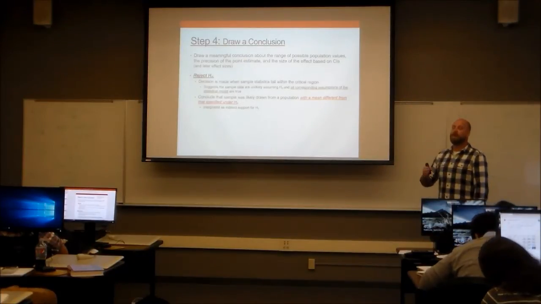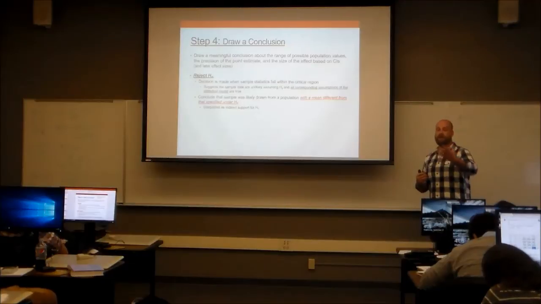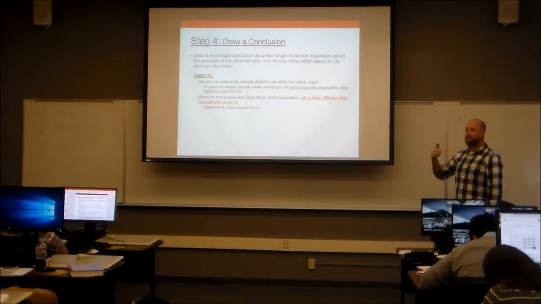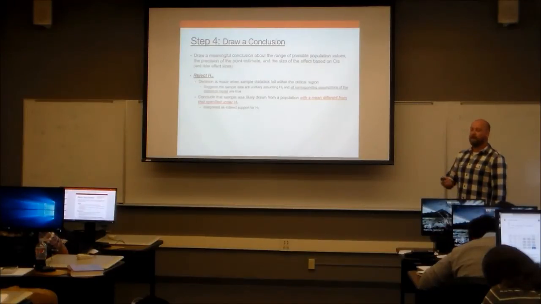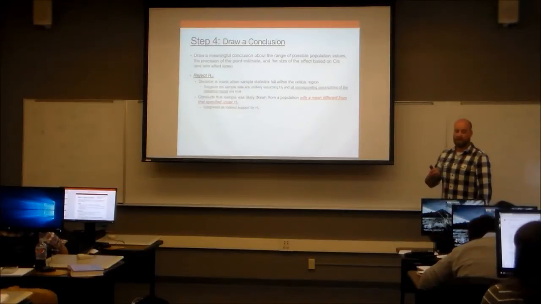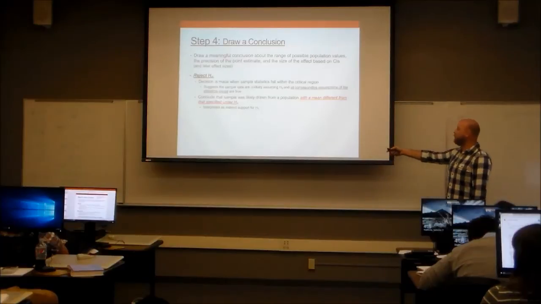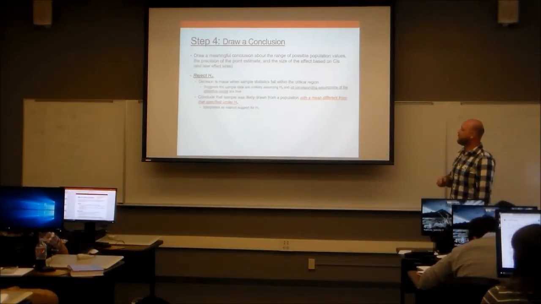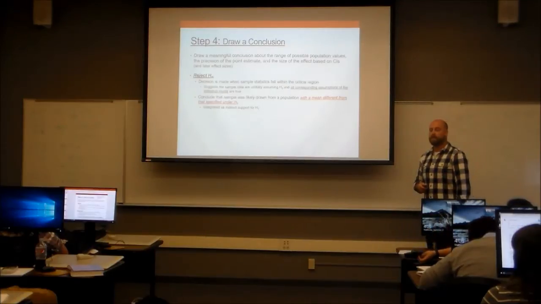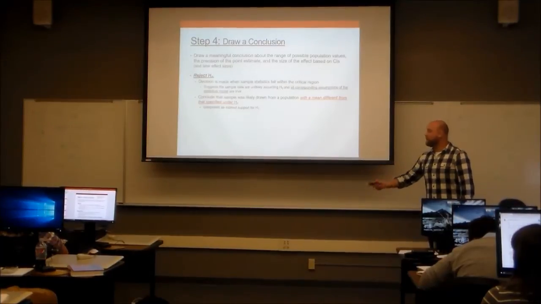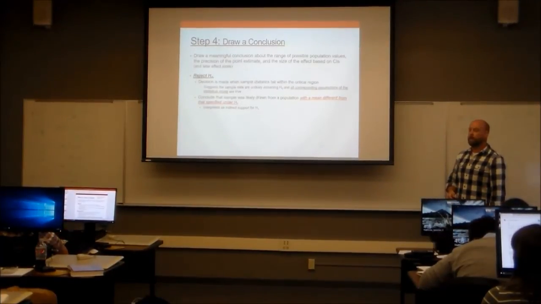Because we found that our reference value is not a plausible value within our confidence interval, it's very unlikely that if this were the true mean value for this population, we would obtain such a sample or observe such data. We then conclude that it's likely that our sample was drawn from a population with a mean other than what was specified under the null hypothesis. Okay? We interpret this as indirect support for our alternate hypothesis.